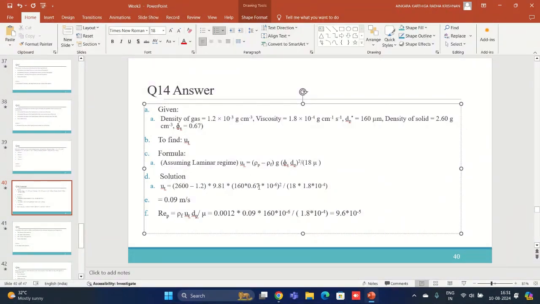Phi s is 0.67, into dp square. dp is 160 micrometer, so 160 into 10 power minus 6, the whole square, divided by 18 into 1.8 into 10 power minus 5.